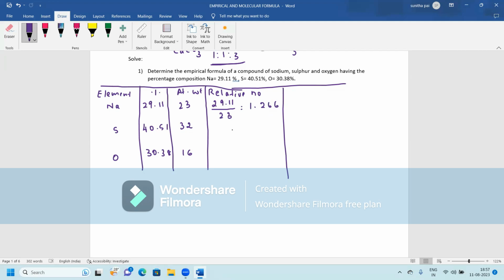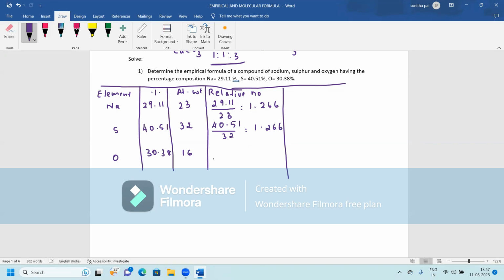That is enough. Now, second one, relative number for sulfur. 40.51 divided by 32. This will also be 1 point something. On solving, this again comes as 1.266.